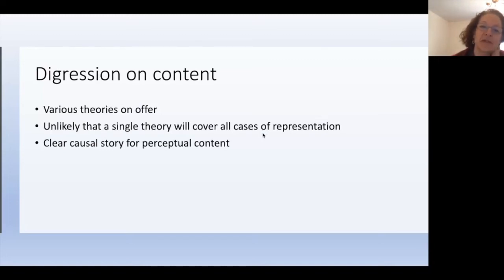There's been notable difficulty in coming up with a theory of content that will cover all cases of representation, but there are different kinds of stories of content, from causal theories to teleosemantic theories, etc. And at least in terms of perceptual content, there's a plausible causal story where coming into contact with things in the world is what triggers certain kinds of at least low-level representations with content that can be further elucidated in the cortical hierarchy.